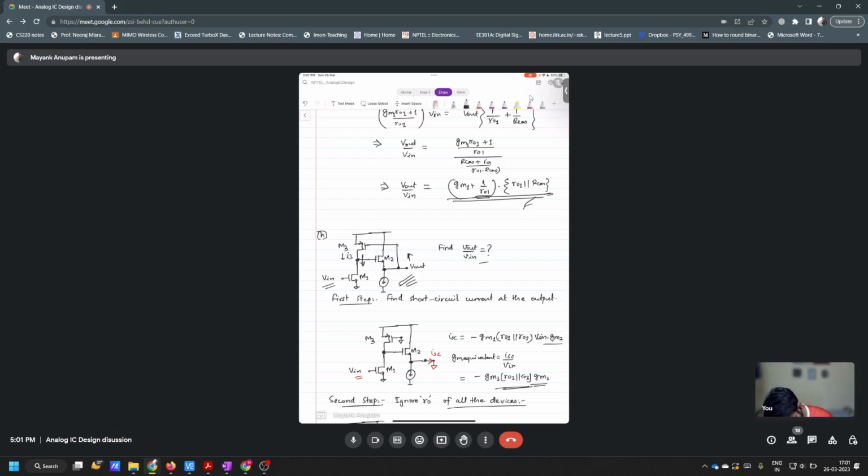Therefore VGS of M2 decreases, so ID decreases, therefore Vout decreases. Correct, because the current flowing through M2 is constant. If the gate of M2 goes down, and it has to maintain the same amount of current, then naturally its source has to go down, isn't it? That is how this negative feedback is working. Correct assumption.